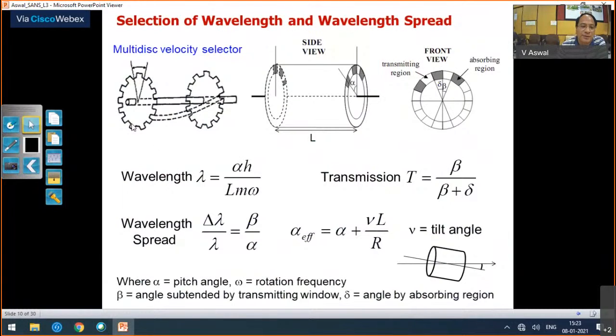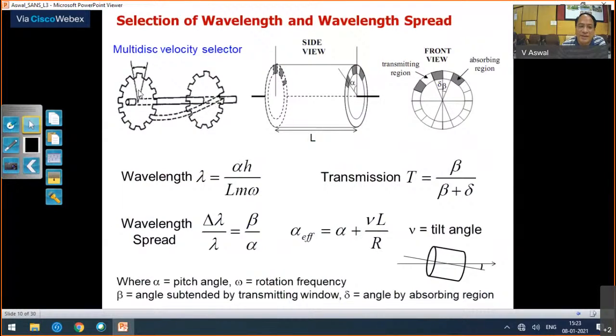So this velocity selector consists of helical slots, and these slots are made on a neutron absorbing drum. Anything which is not passing through these helical slots will be absorbed.